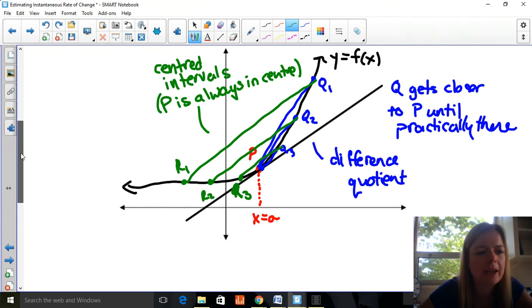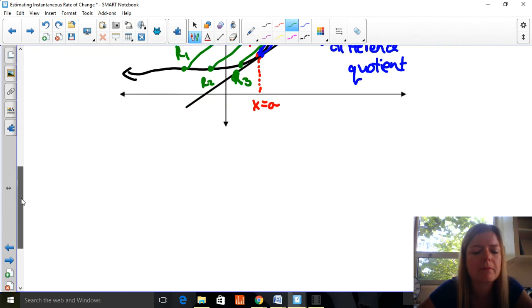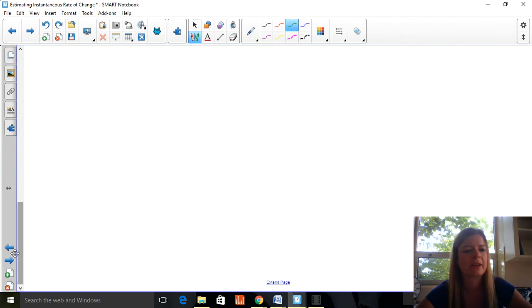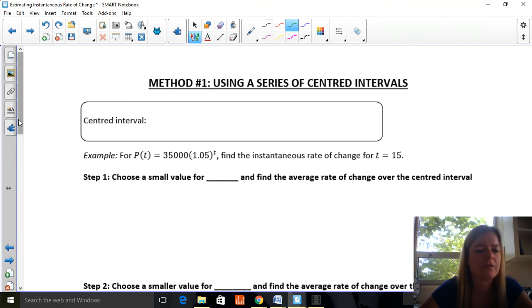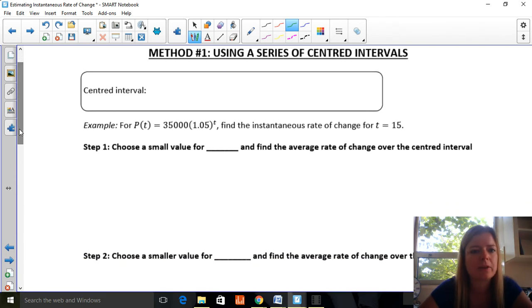Okay, so I hope in theory you understand what we're doing. Maybe you're confused about what this is going to look like when we actually start calculating, but now we'll get going on that. So method one is using the centered interval. That was the green example. A centered interval has our x equals a in the middle. Make sure you write it in the middle.